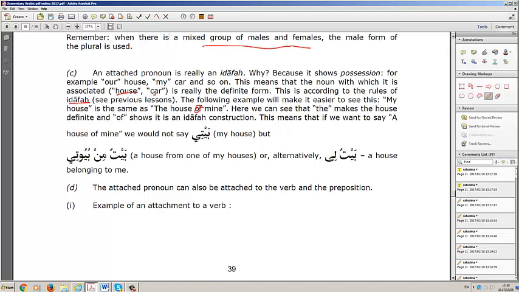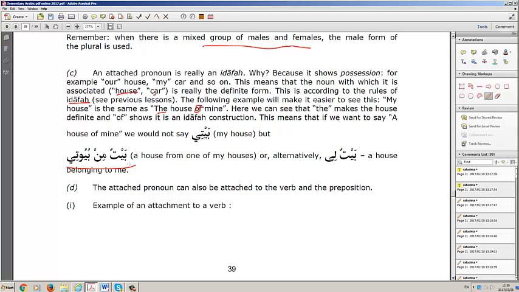Okay, and we know that the second term is definite as well. So baiti, my house or the house of mine, would necessarily be definite, the house of mine. So if we want to say one of my houses, we've got to use another expression.